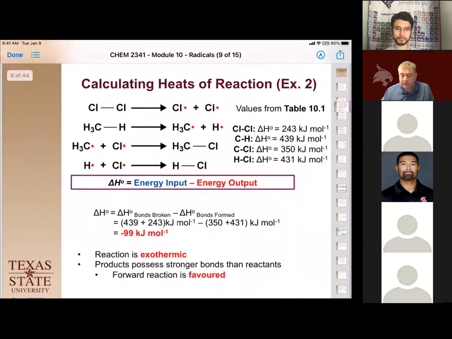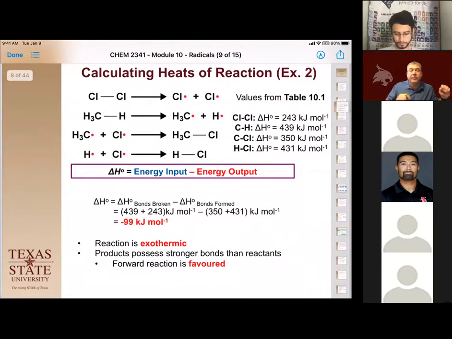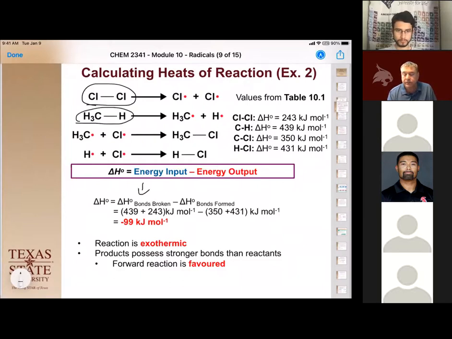Okay, so if we looked at each and every step in that reaction, we're actually looking at the bond dissociation energies for each of those. So we had the bond dissociation energy for this. And remember, this is a reactant, so it's going to be the one that's breaking bonds right here. So this is going to break a bond to generate these. And then these two are going to form bonds, so they're going to be on this side of the reaction.